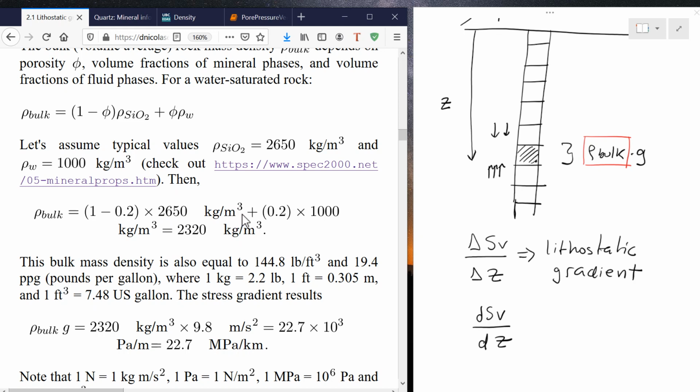For the fluid part, if you have your rock filled with gas instead of water, then you should replace the density of the fluid part with the density of that particular fluid, let's say gas, 100 kilograms per cubic meter.